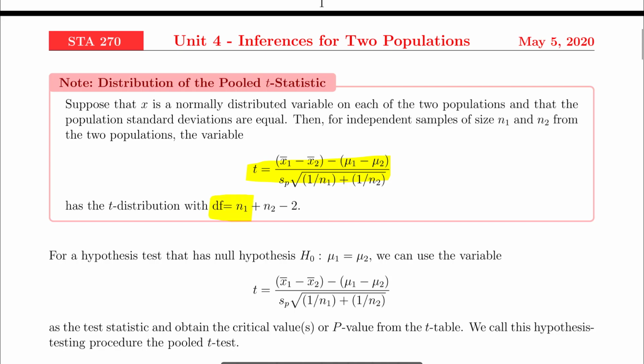And the degrees of freedom are going to be equal to the two sample sizes added together minus 2. That'll give you the degrees of freedom to look up the values in the t-table.